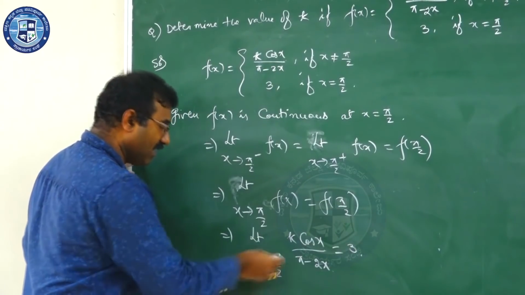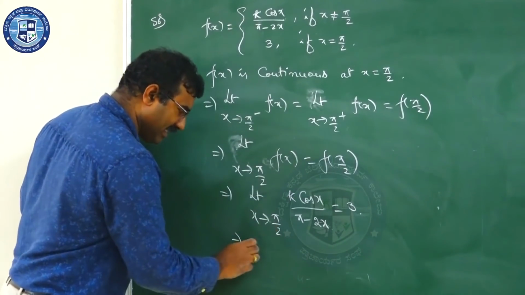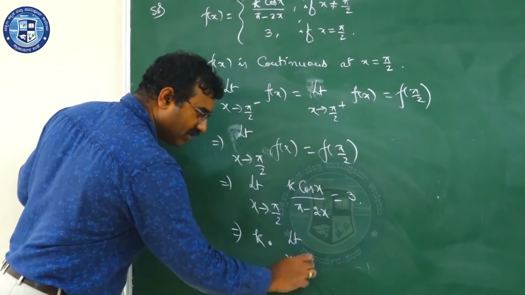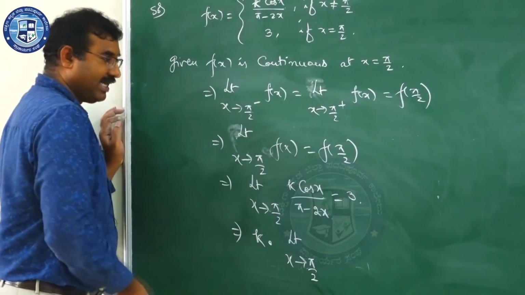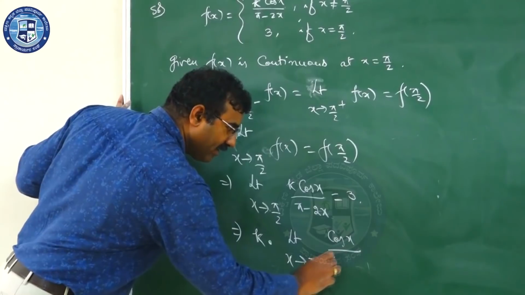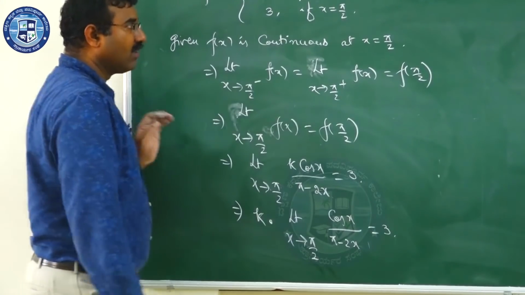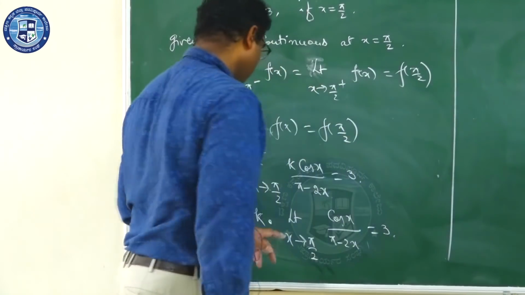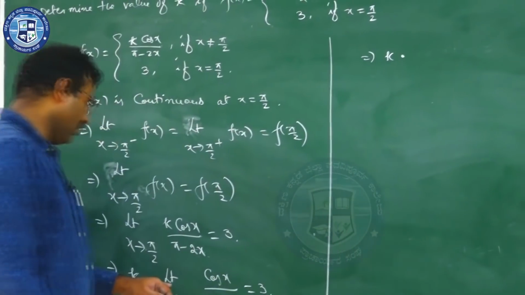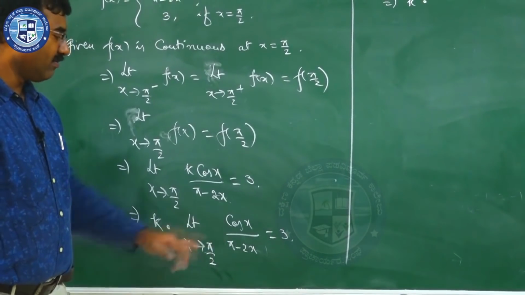Now, k is a constant, so you just write k outside: k into limit x tends to pi by 2 of cos x divided by pi minus 2x, which is equal to 3. Here we write cos x as sin of (pi by 2 minus x).